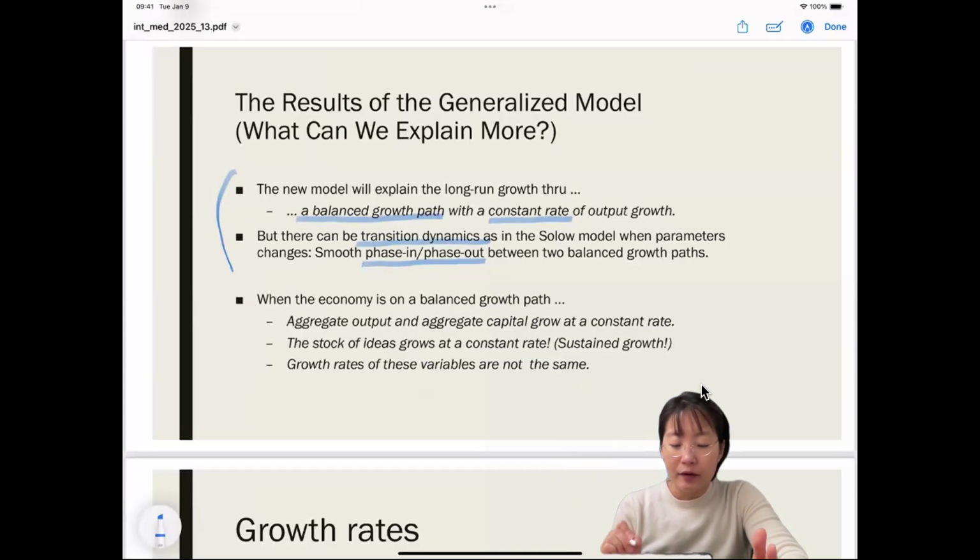All right. When the economy is on a balanced growth path, then the aggregate output and aggregate capital goods grow at the same constant rate, and the stock of ideas grows at a constant rate, which is different from the growth rate of output and capital goods.